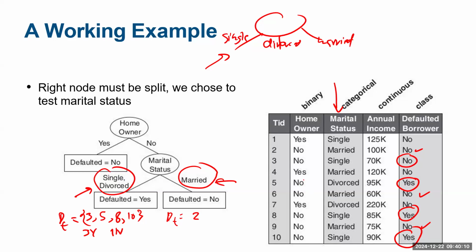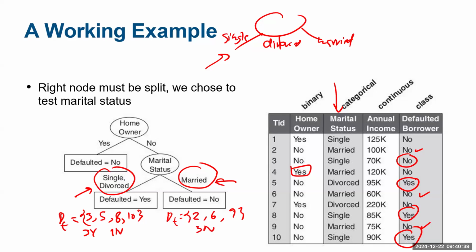For homeowner is yes, so the yes is already here. So we only look at the no one, right? So we only have 2, 6, and 9, right?